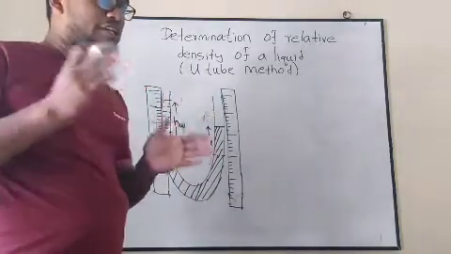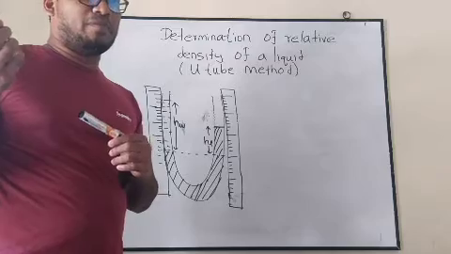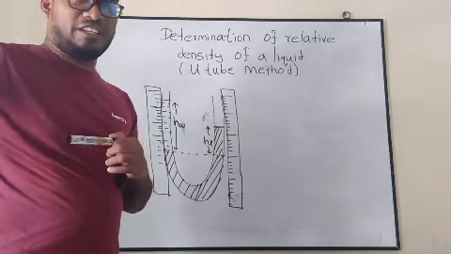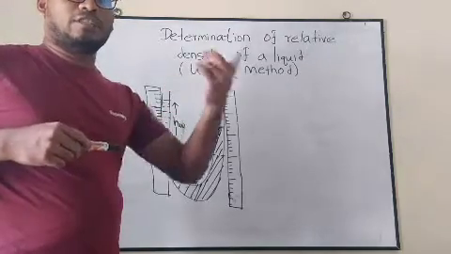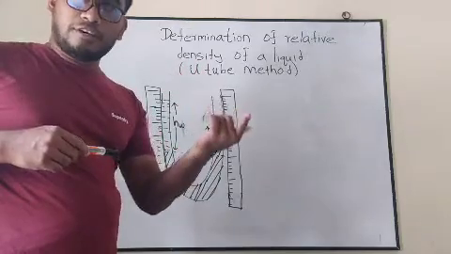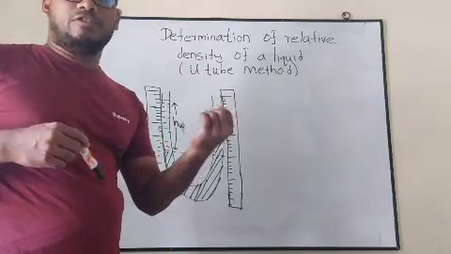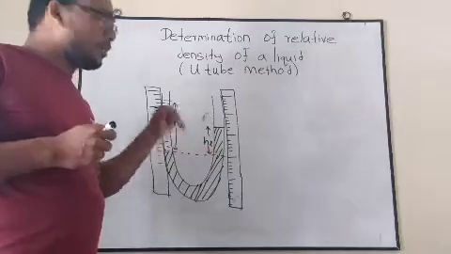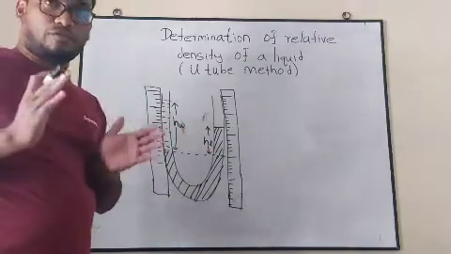Here you have to think: independent means what? If we change the liquid column in one liquid, that gives a different reading. So we have to change the liquid columns.